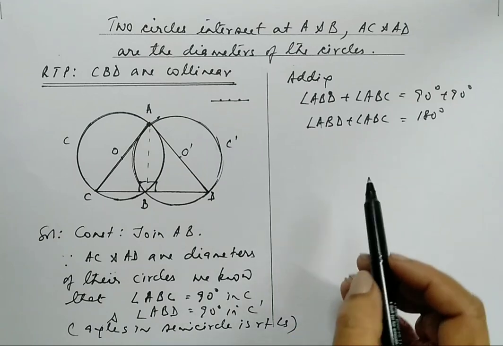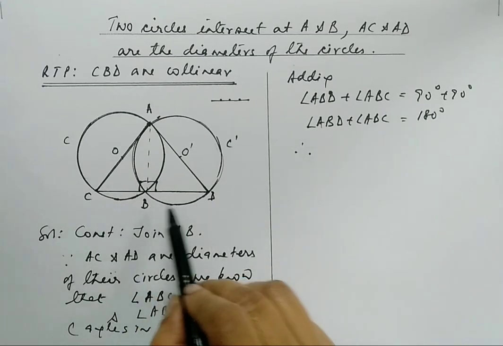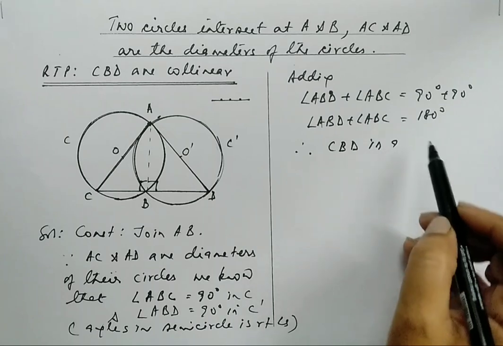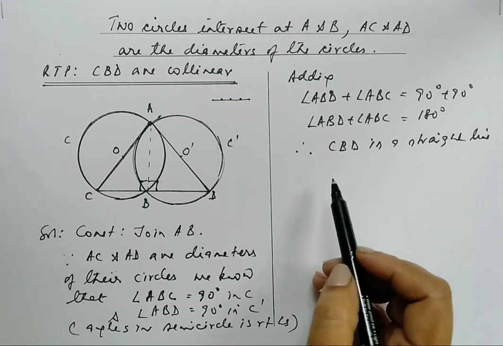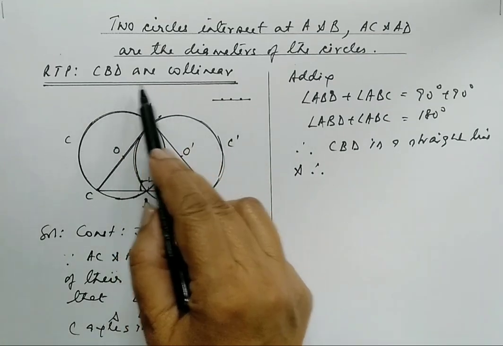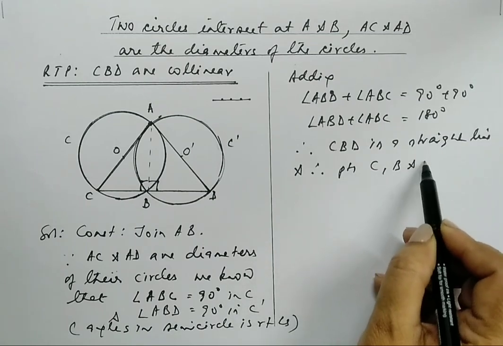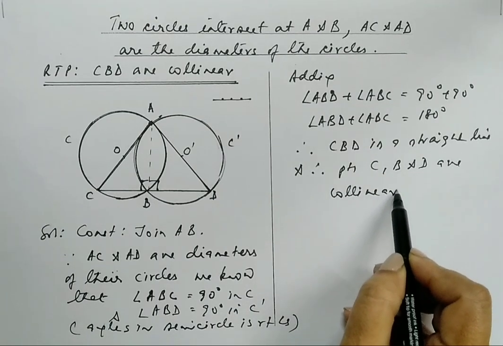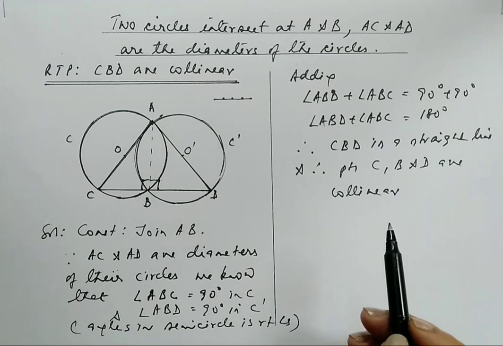So having said that, we automatically know that CBD is a straight line, and therefore, as per this, points C, B and D are collinear by nature.